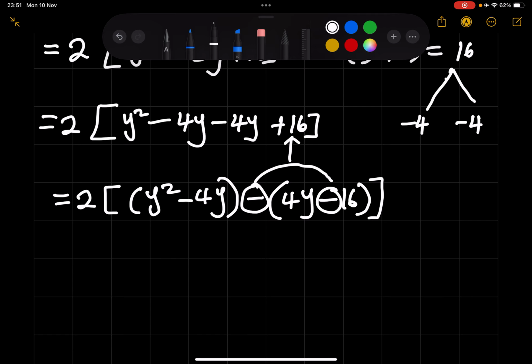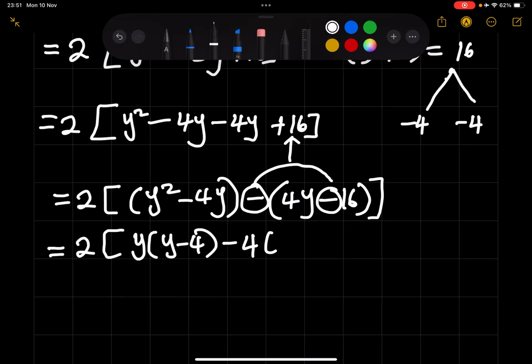Now let's take out the highest common factor. So we have a 2. In the first bracket, the highest common factor is y. So we're going to have y minus 4. In the second bracket, the highest common factor is 4. Then you have y minus 4.